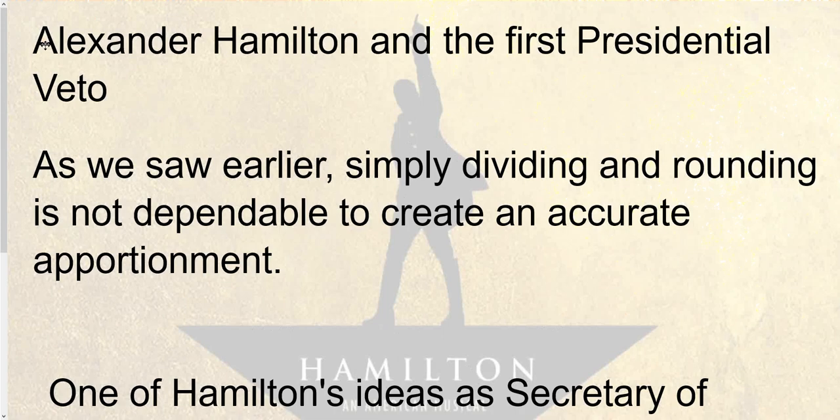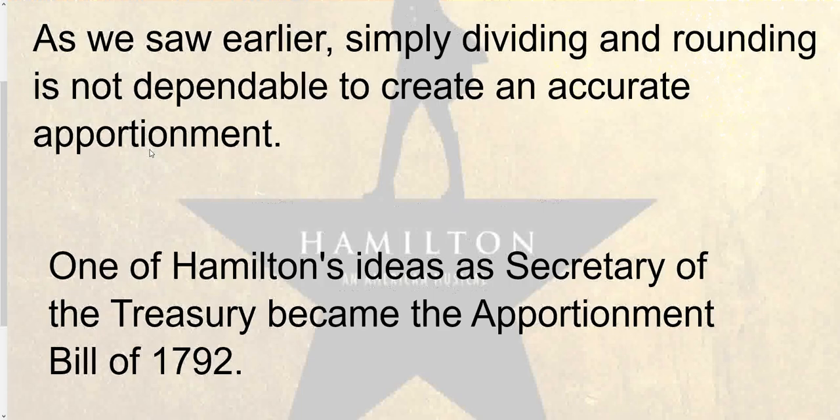So the question is, who came up with all this stuff? Well, our friend Alexander Hamilton. As we saw before, simply dividing and rounding is not dependable to create an accurate apportionment. So Alexander Hamilton, who is credited with doing so much in the early days, he's Secretary of Treasury in 1791, underneath George Washington, during his first term.